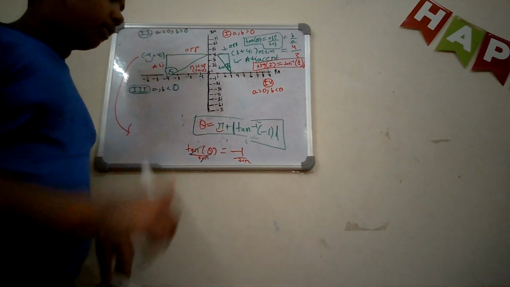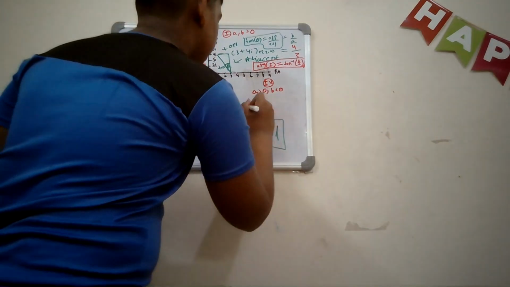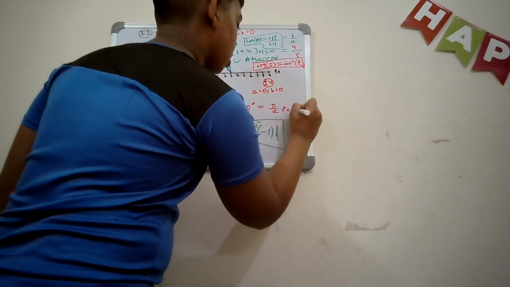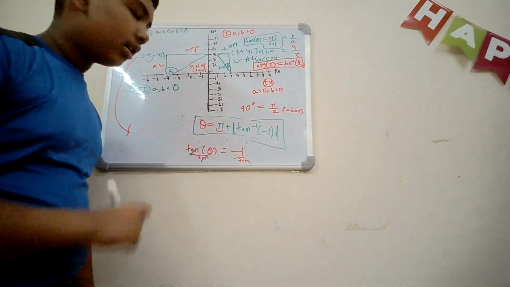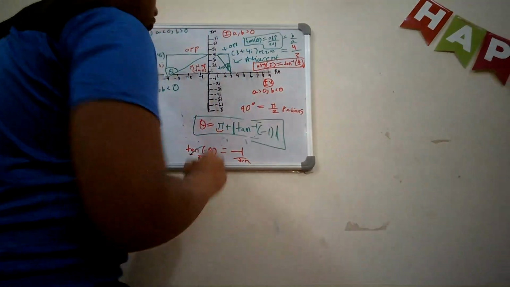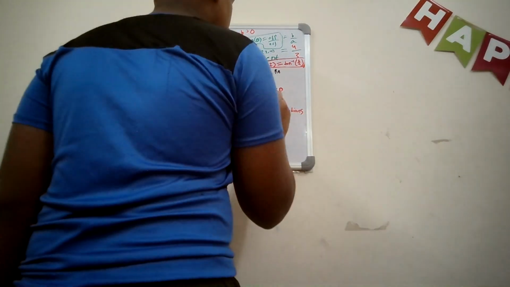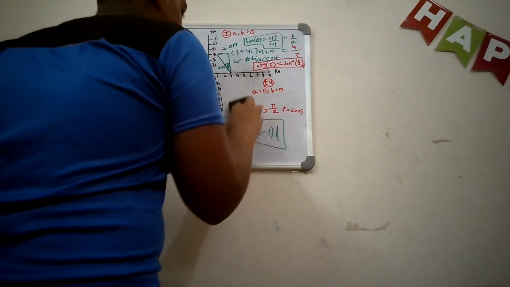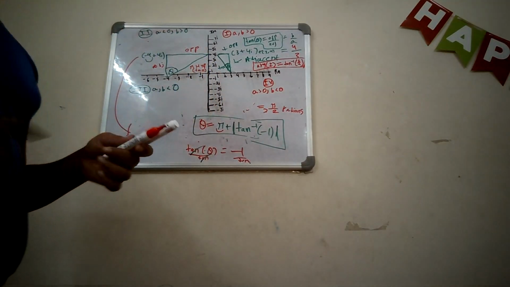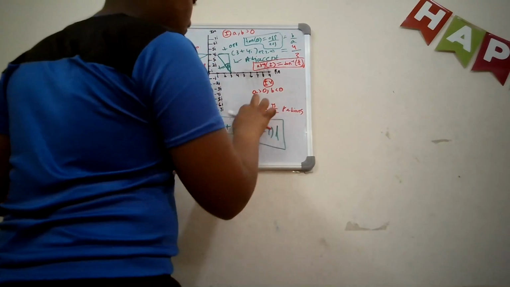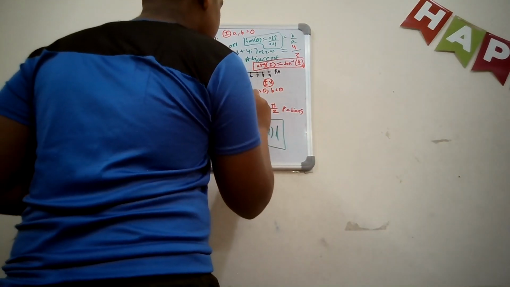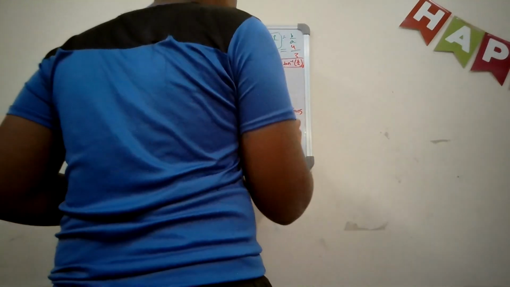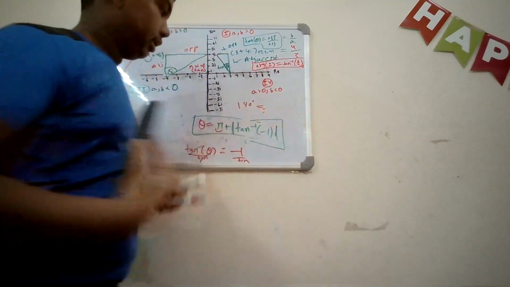Now you remember one thing, 90 degrees is equal to pi over 2 radians. Remember this? So when we multiply 2 by both sides, we get that 180 degrees is equal to pi radians.